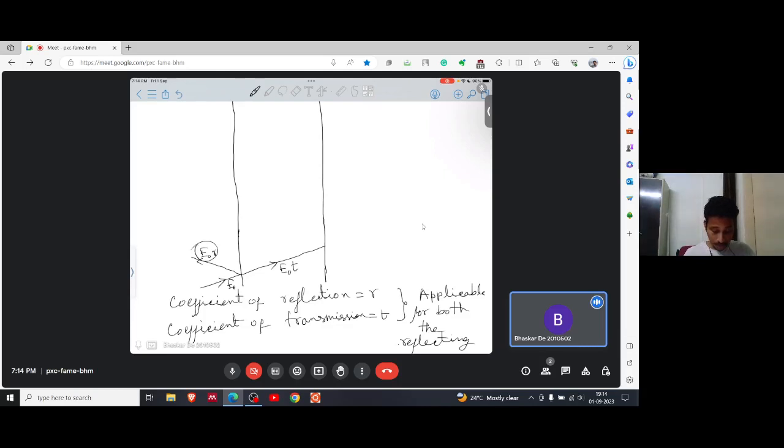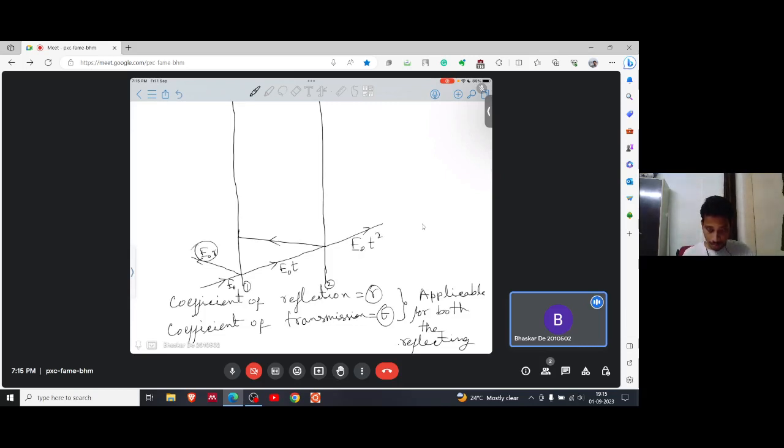Let's say this is the first surface and this is the second surface. From the second surface it will again transmit and also reflect. Since the coefficients of reflection and transmission are the same, E naught T will be transmitted with amplitude E naught T square.